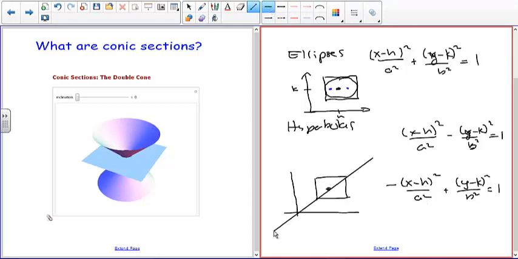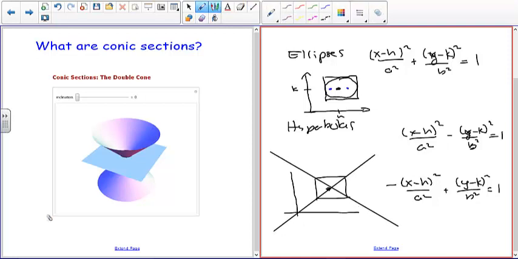And the way it works is you draw straight lines through the corners of the box, and the vertices for the hyperbola are on either this side or that side, depending upon whether it's going this way or that way. In this case, it's going this way, so these lines that cross serve as asymptotes for the hyperbola, kind of like that.